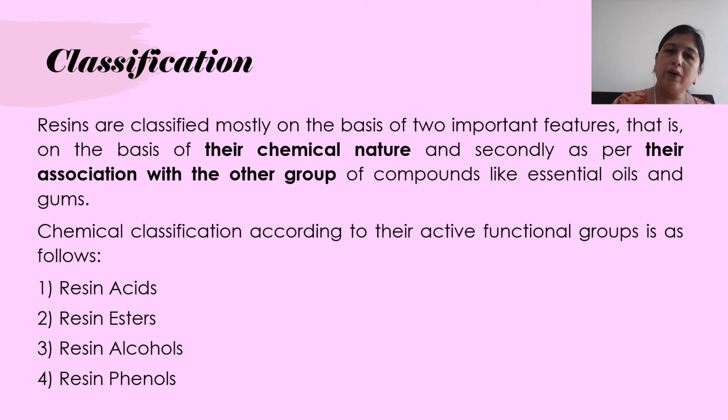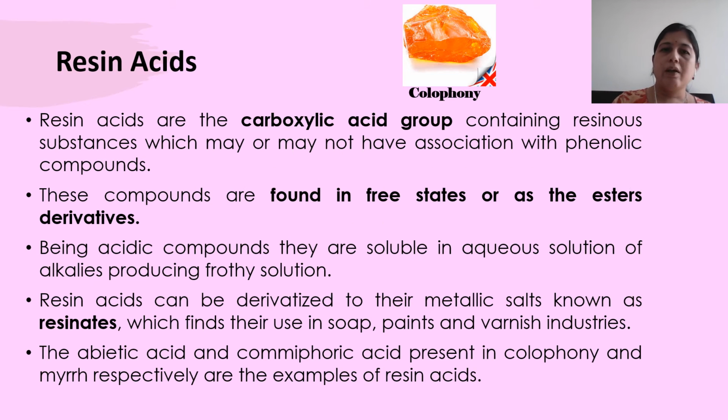The chemical classification based on the active functional groups is resin acids, resin esters, resin alcohols and resin phenols. In resin acids, the main functional group present is carboxylic acid, and it may or may not exist with phenolic compounds.